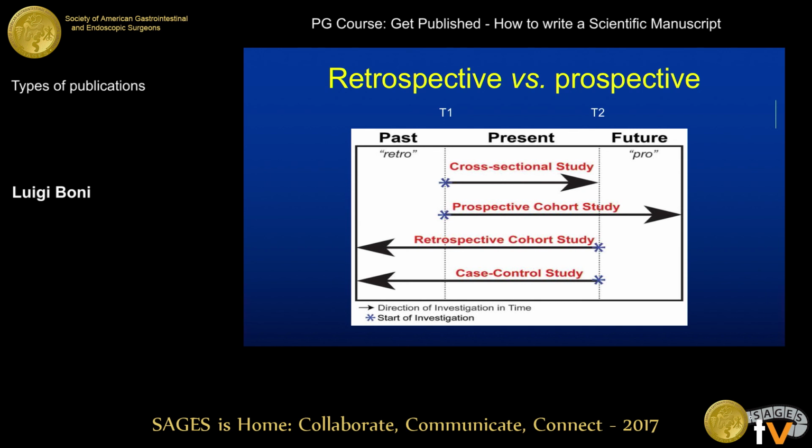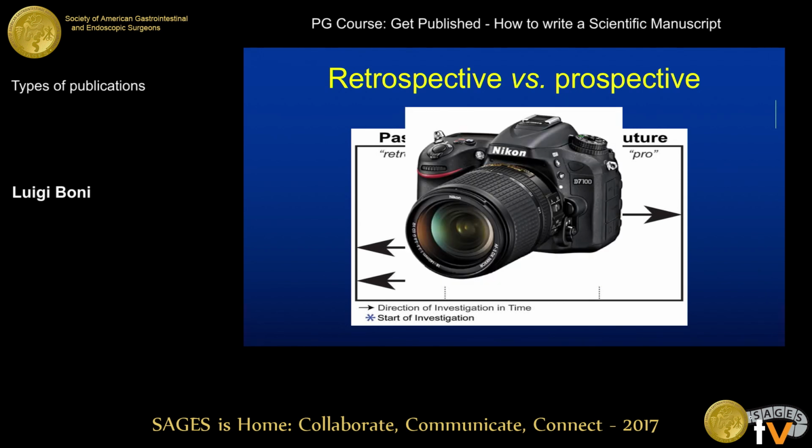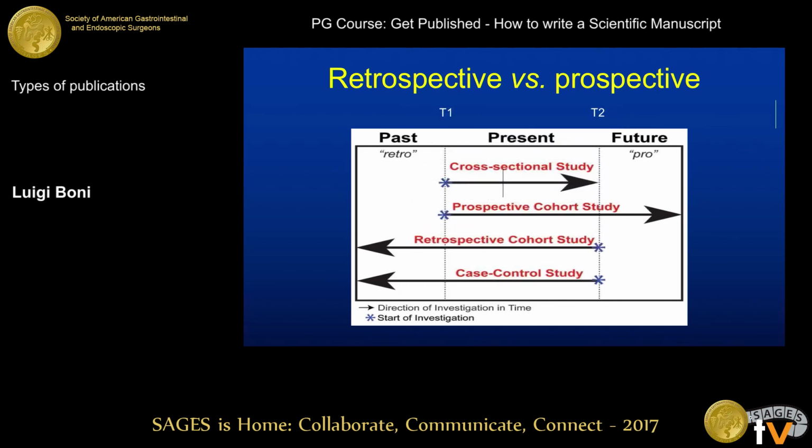When you want to describe what's happening in a specific length of time, you can have a cross-sectional study, which is just a snapshot of what you have. Or you can have a prospective cohort study, where you want to know from A to B, in a prospective way, what's going on. Or you can have a retrospective study or a case control study, where you analyze retrospectively, even if you collected the data in a prospective way.